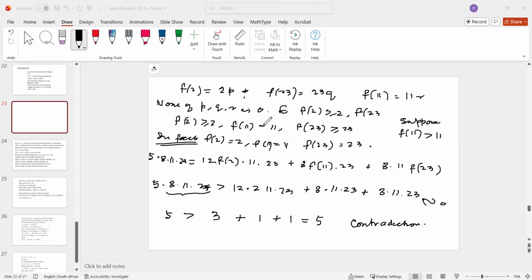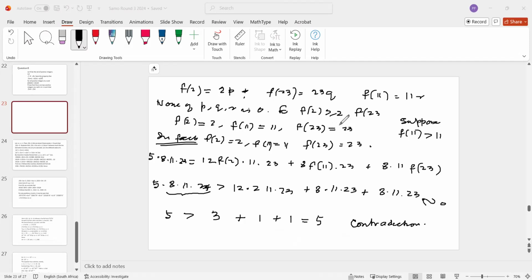Now you can use exactly the same arguments to show equality in the other cases. Same argument, nothing special about 11. So you've got, so these now are equal. Right, which is very nice.